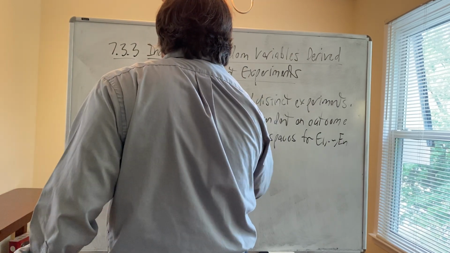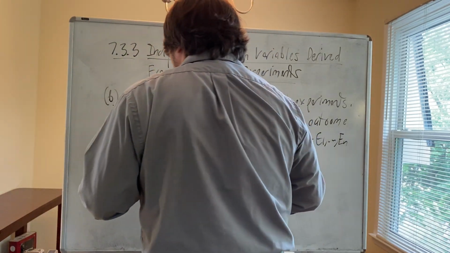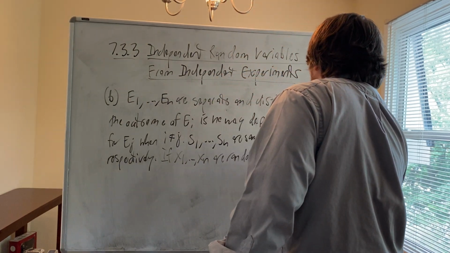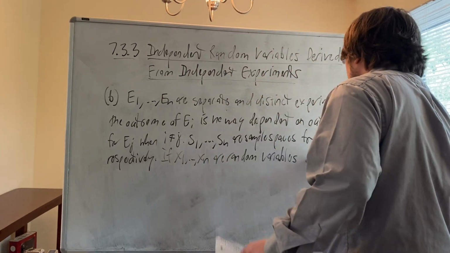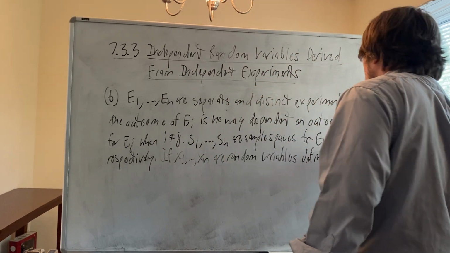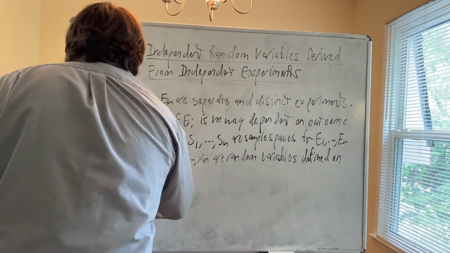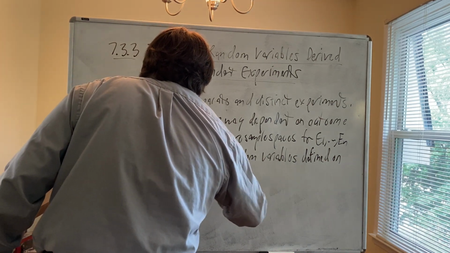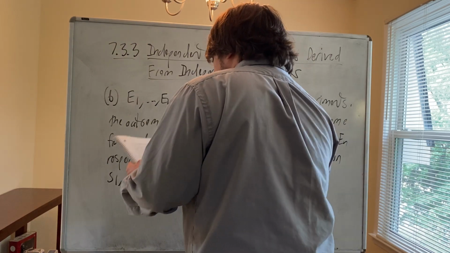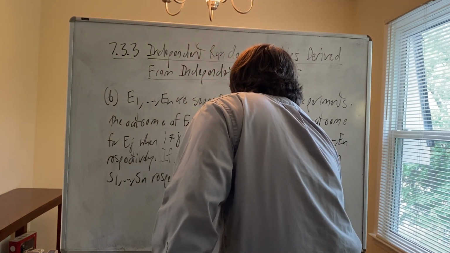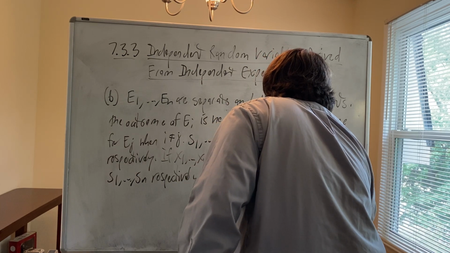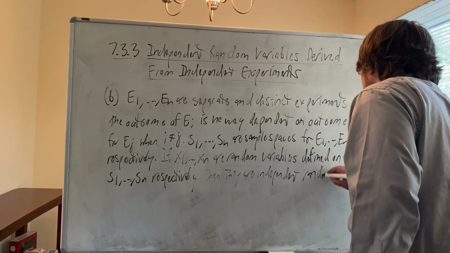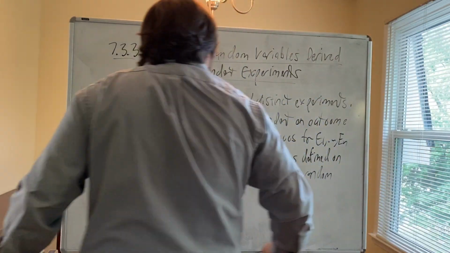If X1 to Xn are random variables defined on S1 to Sn respectively, then they are independent random variables. The conclusion is that you get independent random variables.